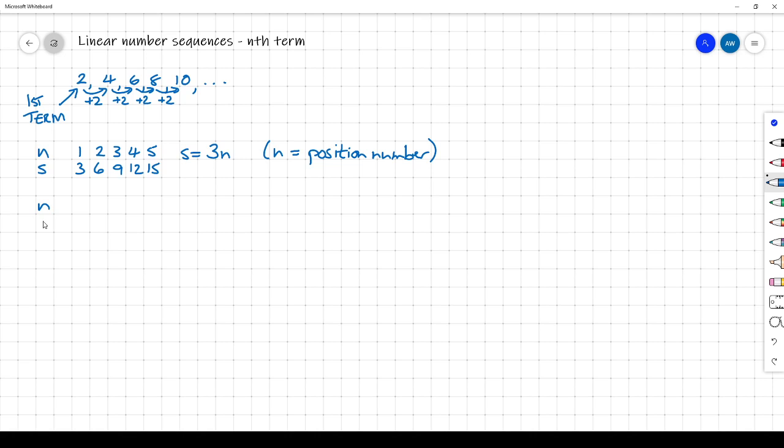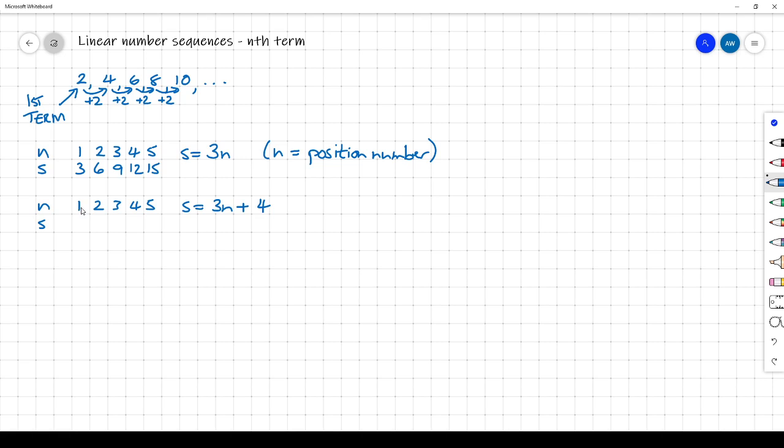So n, position number, S sequence, position 1, first, second, third, fourth, fifth. This time, let's use the formula S is 3n plus 4. So all I've done is add 4 to my previous formula, and let's see what that does. So we're going to substitute 1 into 3n plus 4 and see what we get.